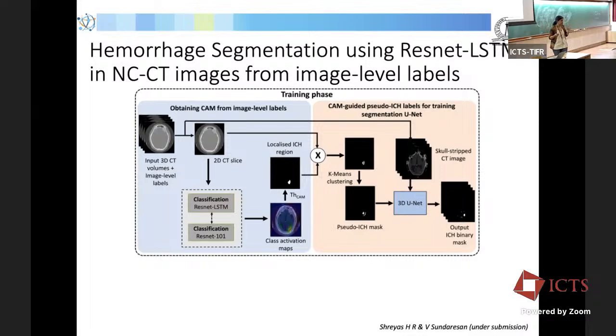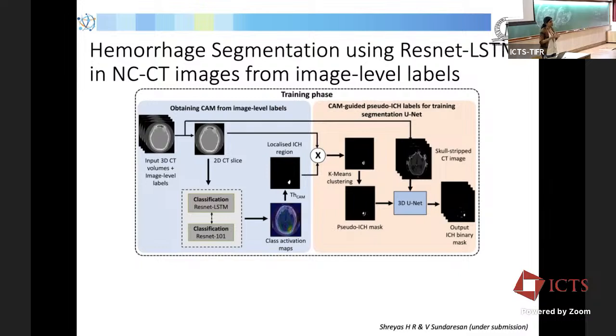So what is the anomaly that is contributing to the decision of whether there is stroke or not? Those areas will light up in class activation maps. We use these maps to further refine the boundaries, and then we get the output binary mask. That is what we do based on the classification result itself.